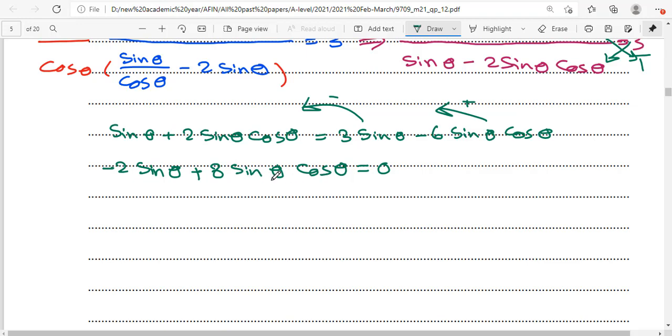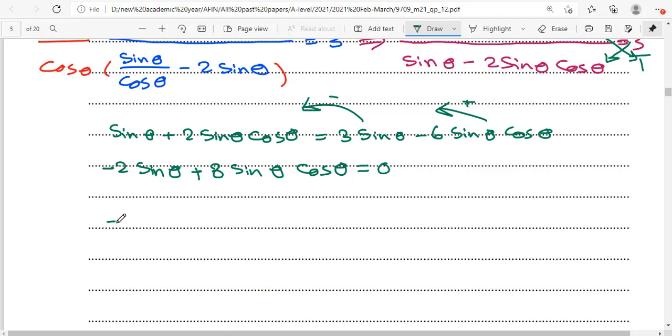Now we see sine theta here, it's a common term. We can take it outside the brackets to factorize. Negative 2, 8 is also divisible by negative 2, so we take the 2 as well.